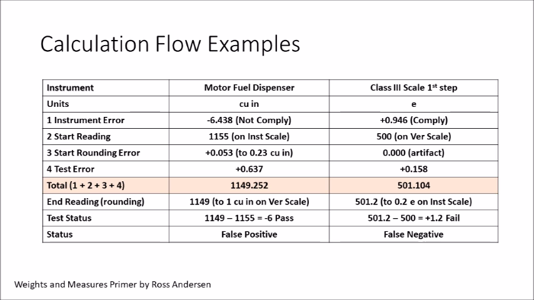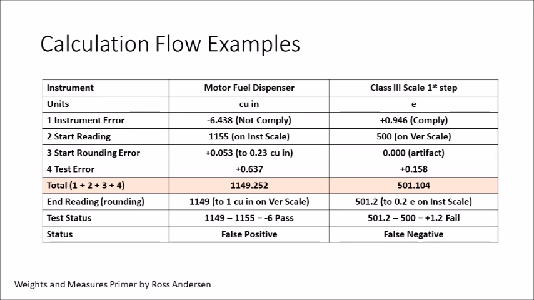So with the motor fuel dispenser in the center column, we are going to work this in cubic inches. And the first thing the simulator does is it picks an instrument error for this test. In this case, minus 6.438 cubic inches, which does not comply. We then start on the instrument scale. We stop the test at 5 gallons, which in cubic inches is 1155.